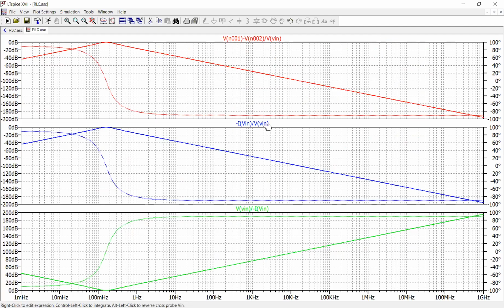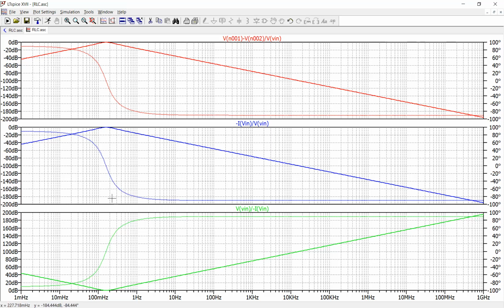So this plot in the middle in the blue is the ratio of current divided by voltage, which is the admittance. And again, we have plotted the negative of the current just to match with our convention, because SPICE does the opposite thing. It plots the current value as a negative of what we simulate. So we see that the admittance plot looks like what we calculated in the theory.